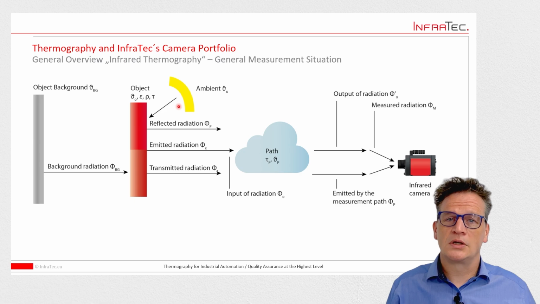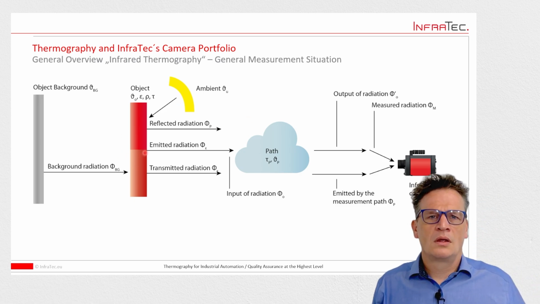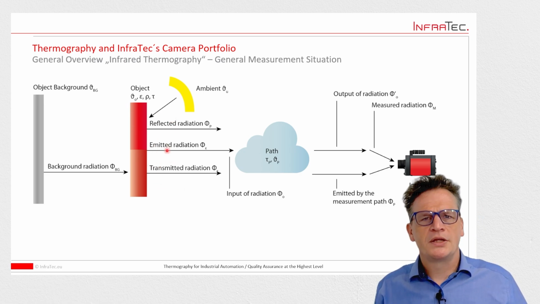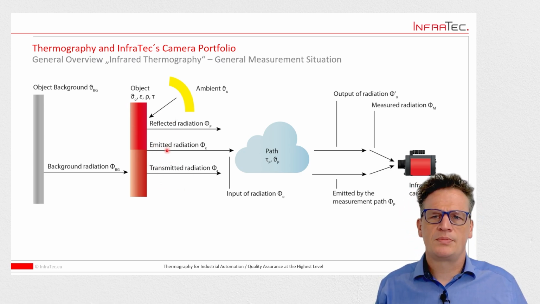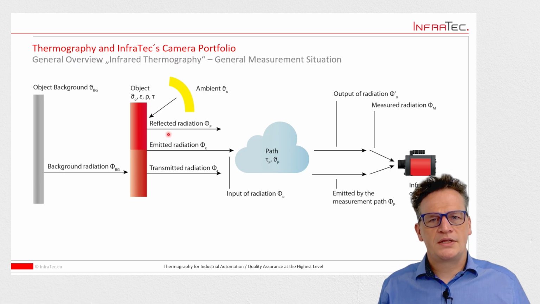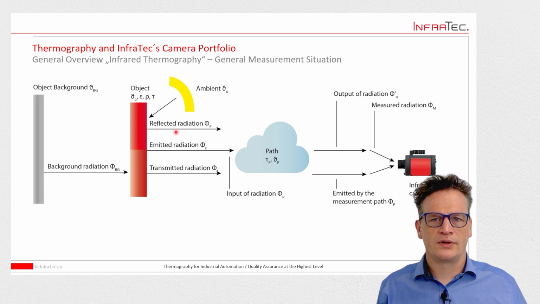Of course, physical properties like emission, reflection, and also the transmission play a role. But for many standard applications, it is enough to know or estimate the emission level. And that's the advantage of thermography. It enables fast temperature analysis without interrupting the process.